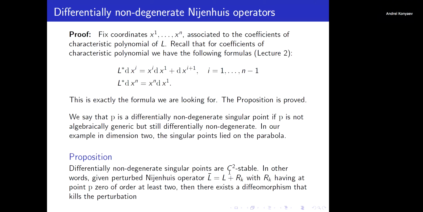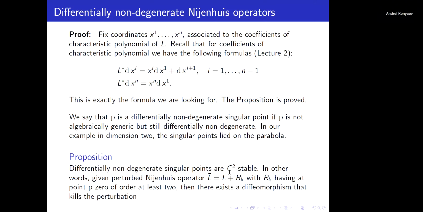So we see this important thing that the point can be a singular point, right? We didn't use that it is algebraically generic. It means that these perturbations preserve the surrounding geometry, and it's really cool. It means that it's a good geometry. Simple, but good.